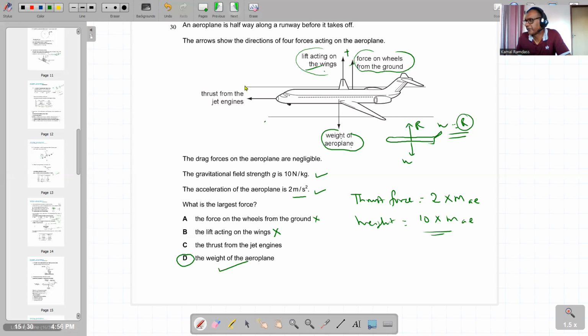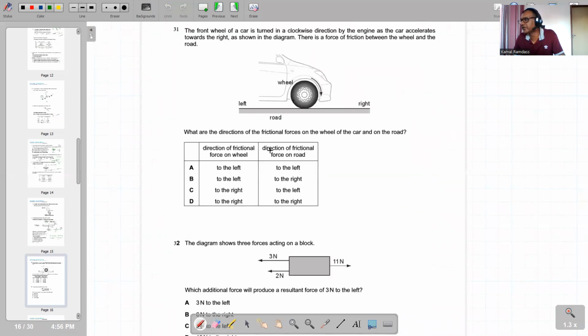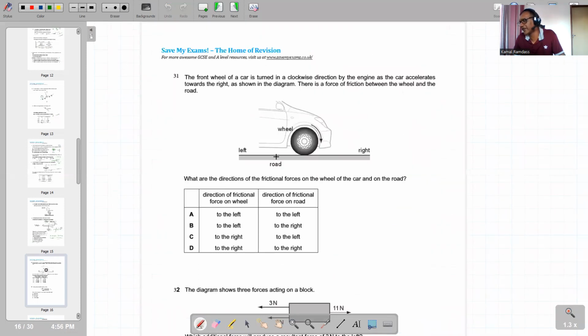Next question. The front wheel of a car is turned in a clockwise direction by the engine as the car accelerates toward the right. There's a force of friction between the wheel and the road. What are the directions of the frictional forces on the wheel of the car and on the road?